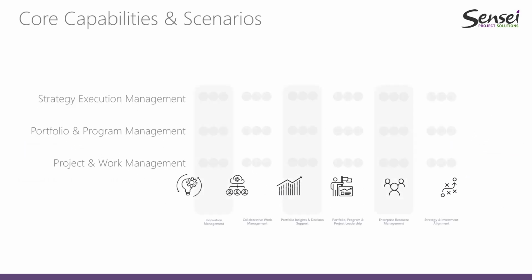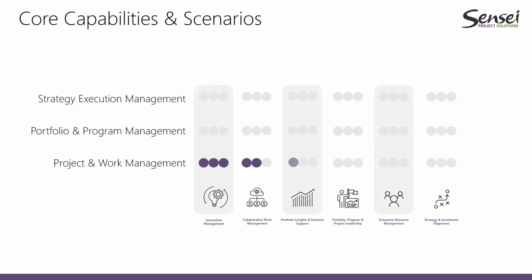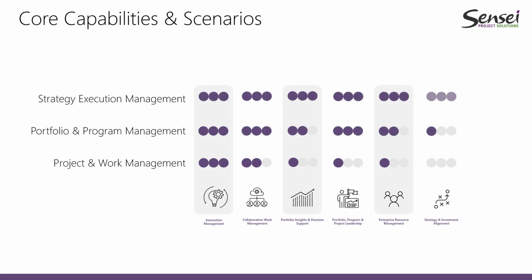Oftentimes, we see three different usage scenarios or maturity levels, if you like, with project and work management being for organizations that just need to get a handle on how and where work is performed. Portfolio and program management is more proactive, with top-down planning and managing larger initiatives or programs.